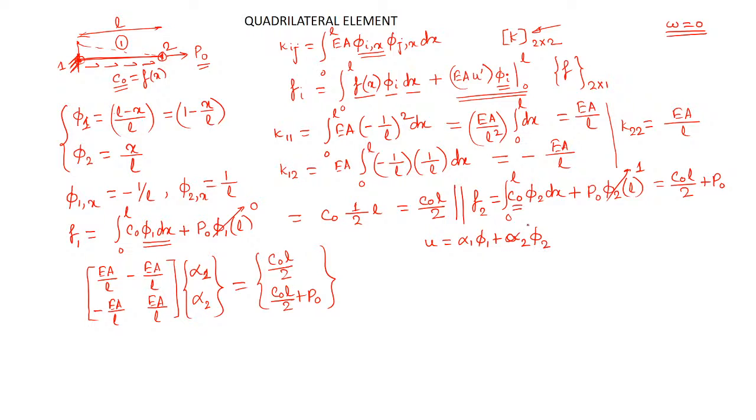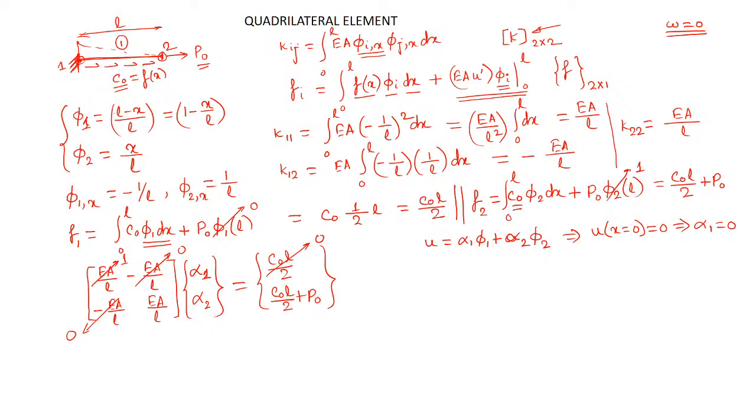If u has to be 0 at x equal to 0, then alpha 1 has to be 0, because phi 1 and phi 2 are linearly independent. So that is what we discussed. If alpha 1 has to be 0, how do we implement that? We said that this entry we take as 1, this entry we make 0, this we make 0, and the right hand term we also make 0. This will ensure that alpha 1 is equal to 0.